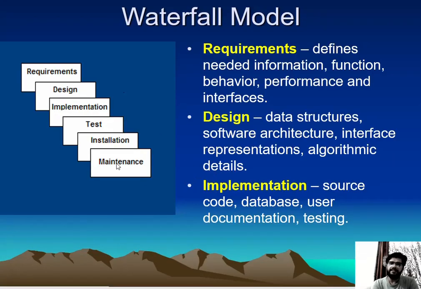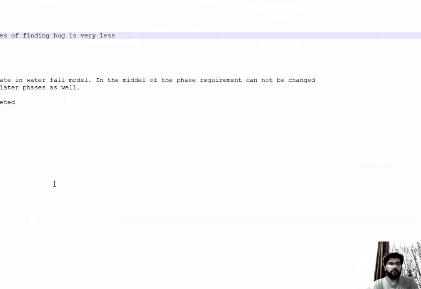And there are some disadvantages of the waterfall model. I have just explained the advantages, and now I am explaining the disadvantages. The first disadvantage is that if there are frequent requirement changes, we can't accommodate them in a waterfall model.